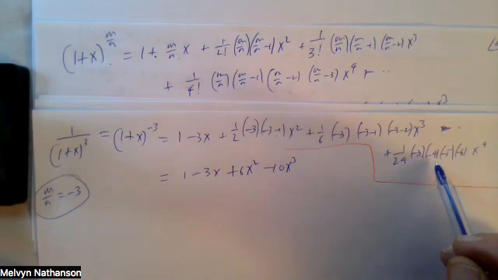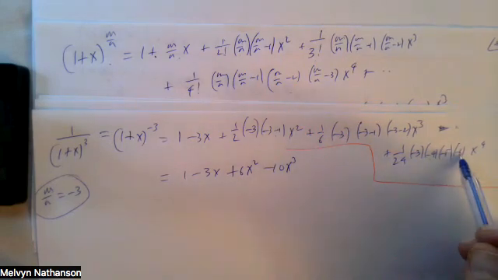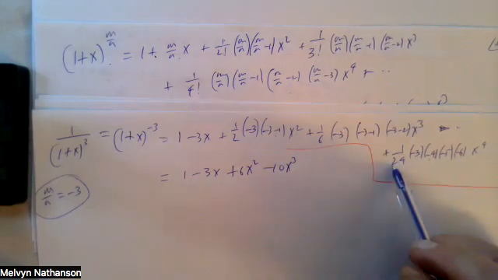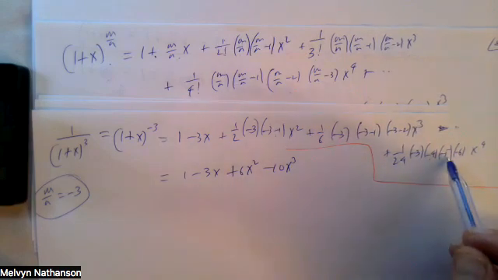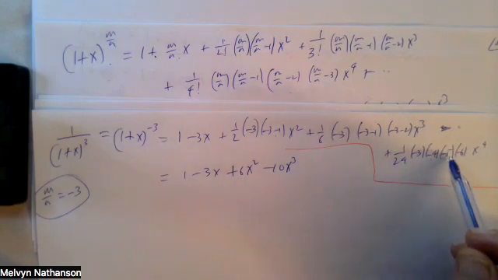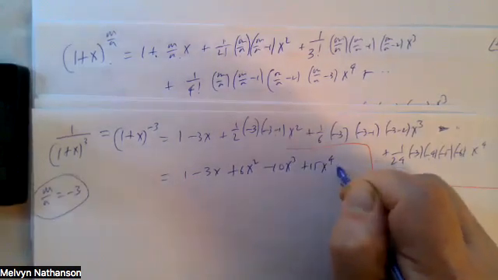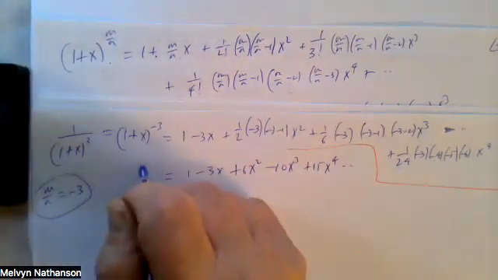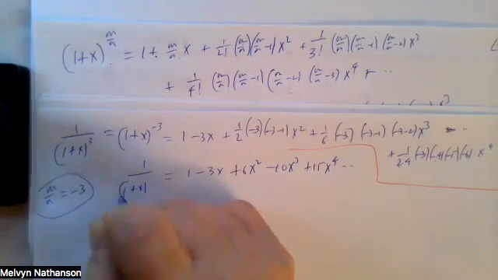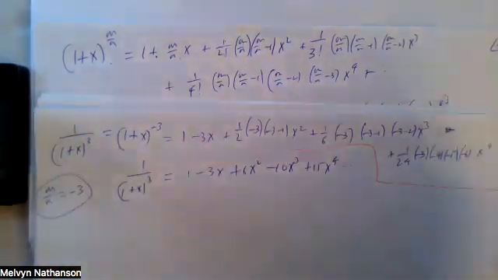What is this? Minus 4 times minus 6 is 24, which cancels this. Minus 3 times minus 5 is plus 15.